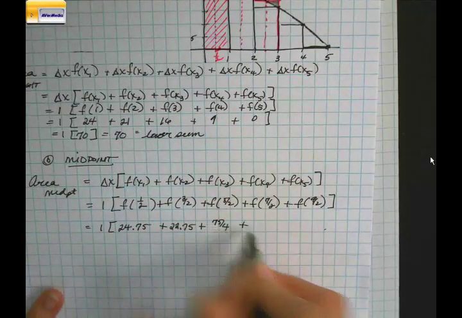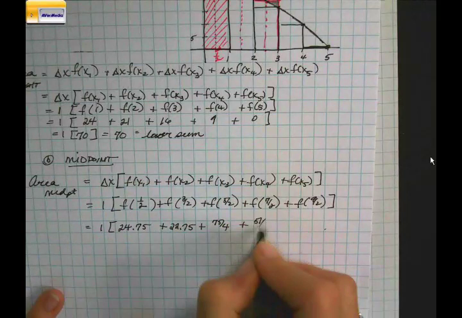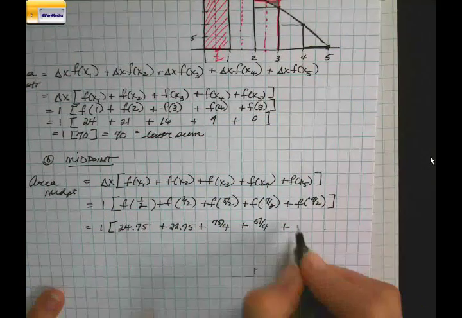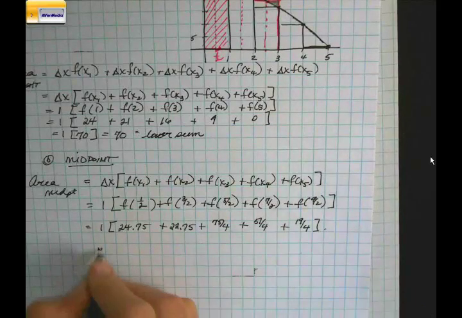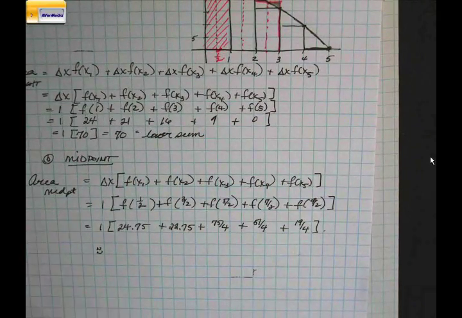I might just have to write that. f of 7/2 is 25 minus 49/4, which is 51/4, right? And f of 9/2 is 25 minus 81/4, which would be 19/4. Okay, what in the world does that come out to be? About 83.75, does that sound right?